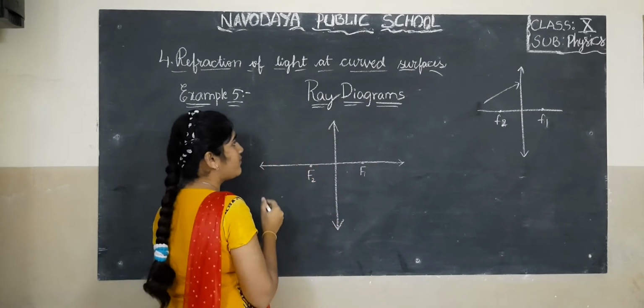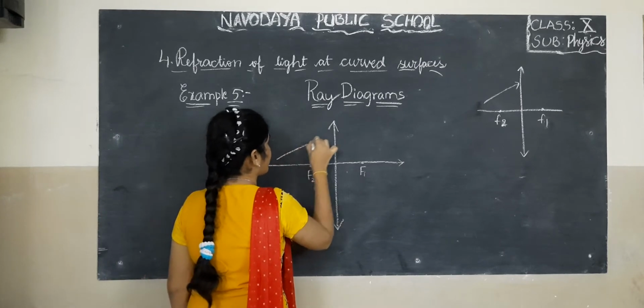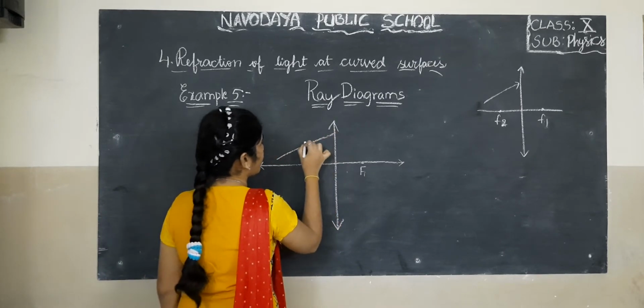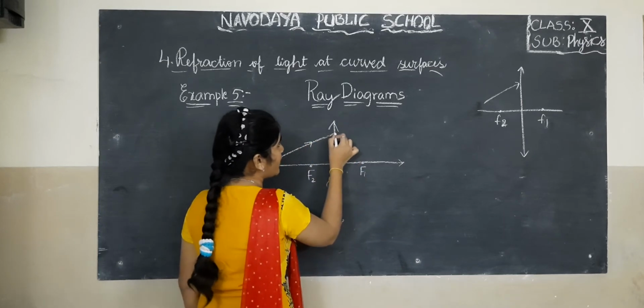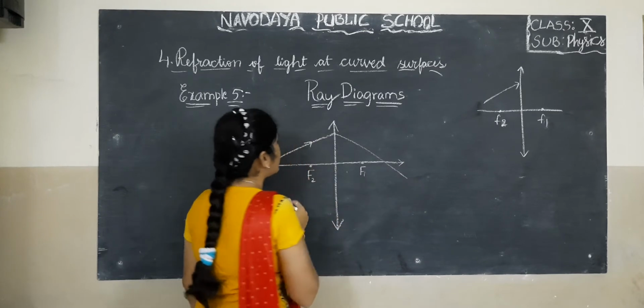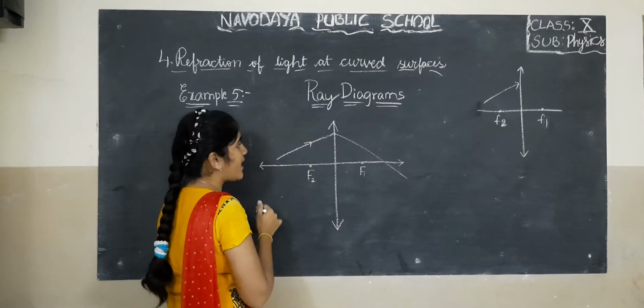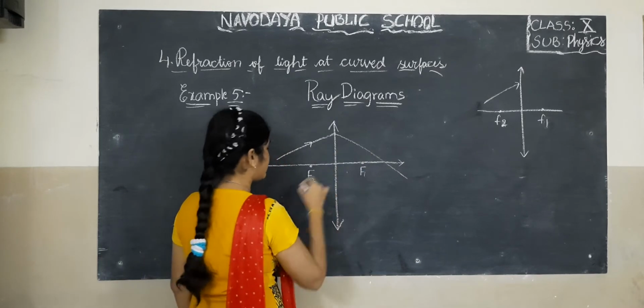Now we have to draw the first light ray which meets on the convex lens, and after it meets the convex lens, it refracts to the principal axis. Now we have to draw the second light ray which is parallel to the first light ray and which passes through the optic center.